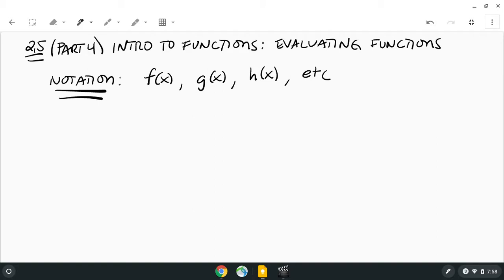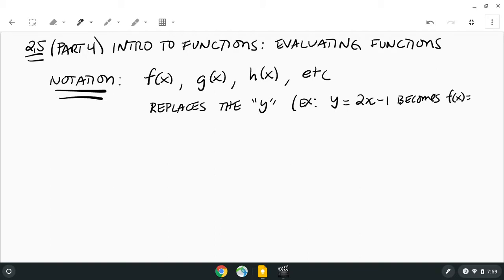And it generally replaces the y, so it replaces the y in some cases. So for example, if you have this, it now becomes f of x equals 2x minus 1 instead of y equals.